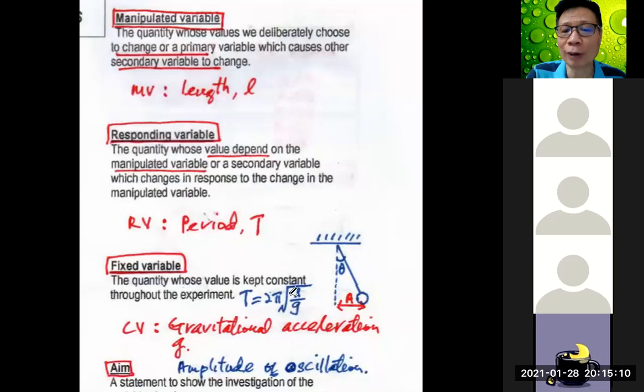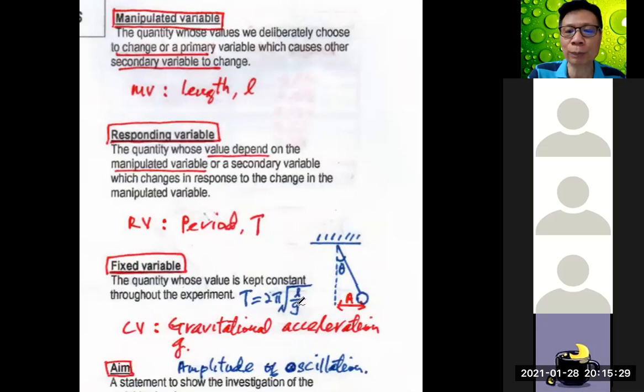So by looking at this formula, it's proven that the period of oscillation depends on the length. Of course, like you also know already, a short length and a long length give different results. And also g, the gravity. So only these two.